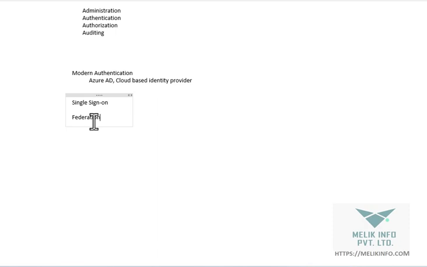Federation service helps you or enables you to access services across organizations or domain boundaries. It establishes a trust relationship between on-premise and cloud, or between two organizations.